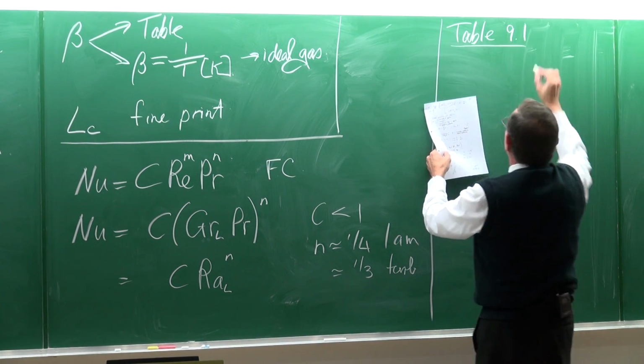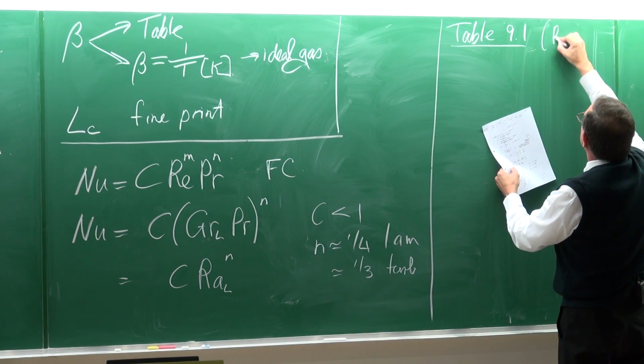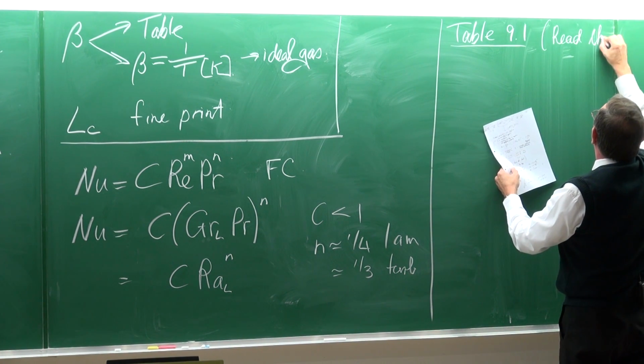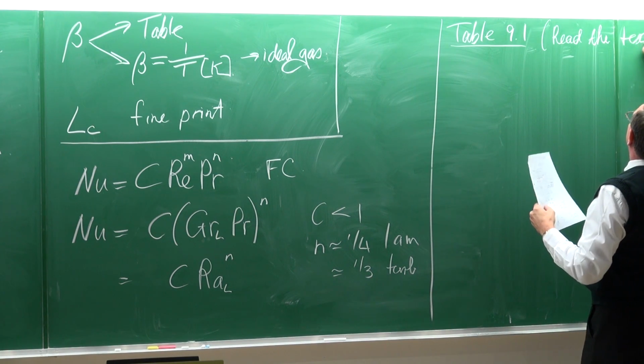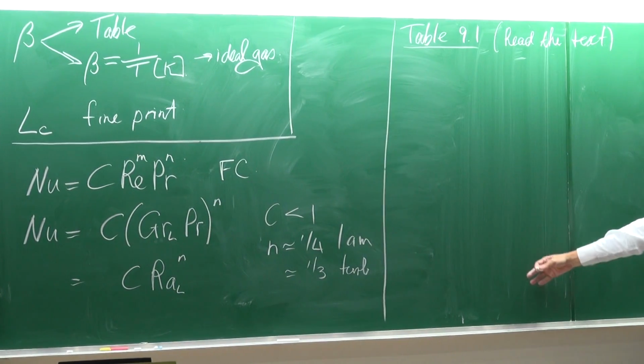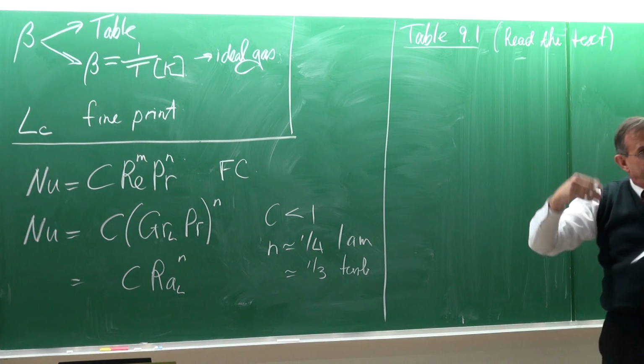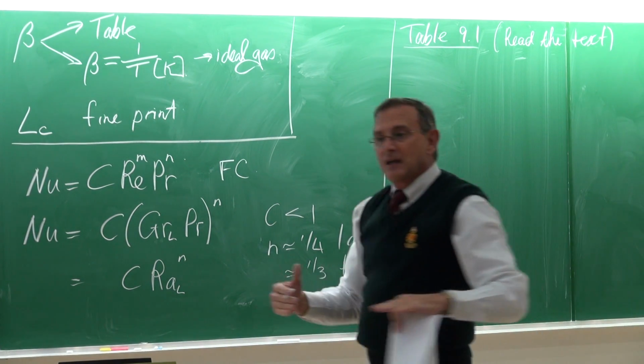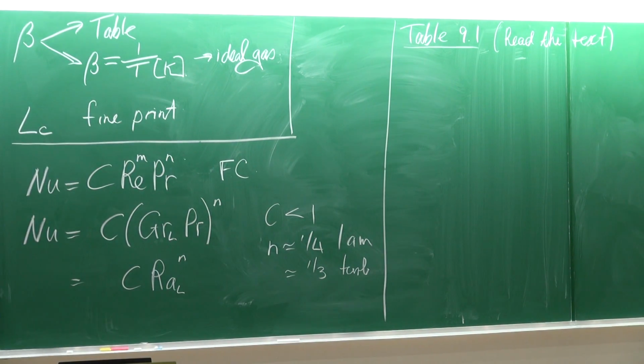So here I want to say, read the text. And I'm not referring to the text here in the table, I'm referring to the text next to it that actually refers to every one of these problems one by one.